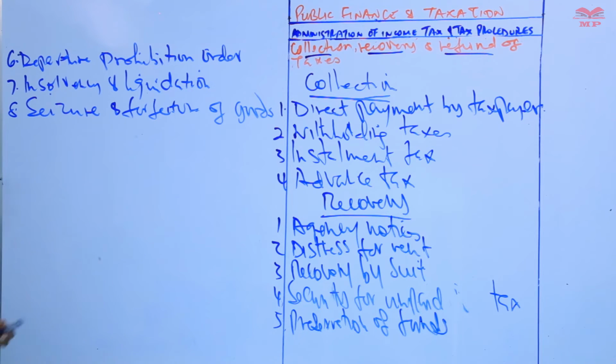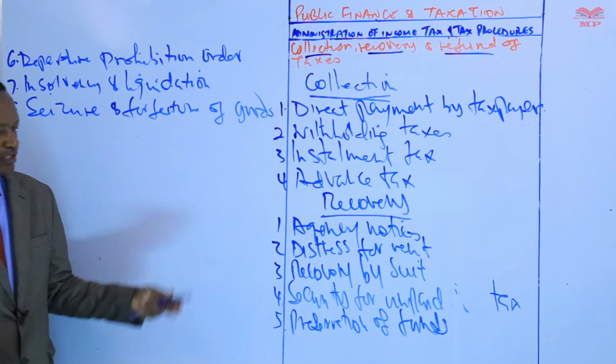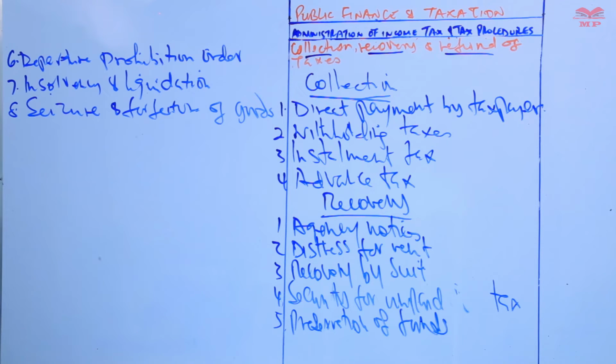So these are 8 ways in which KRA can recover unpaid taxes from the taxpayers.